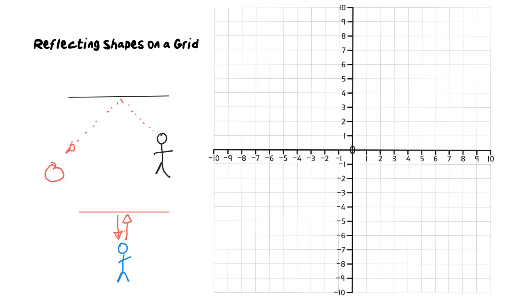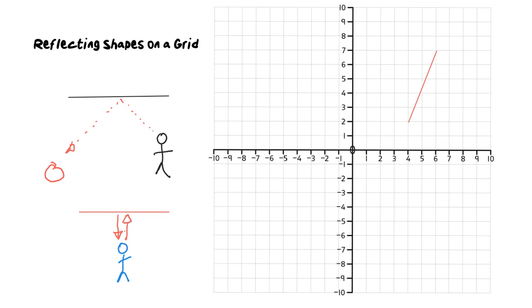This time you're going to do it on the grid. Okay. Let's do it. I'm going to start by drawing a triangle, and it's going to have a coordinate at 4, 2. Remember that a coordinate at 4, 2 means you look along the corridor first, and then you look up the stairs.